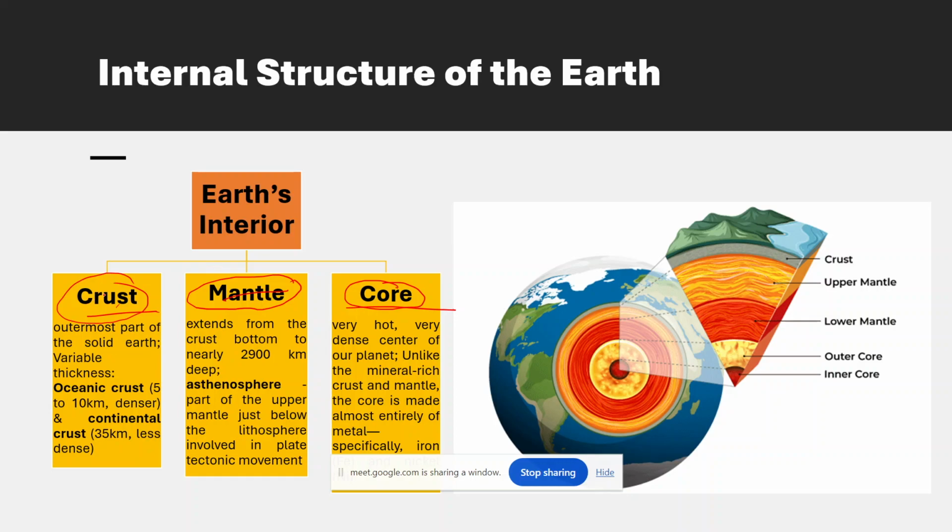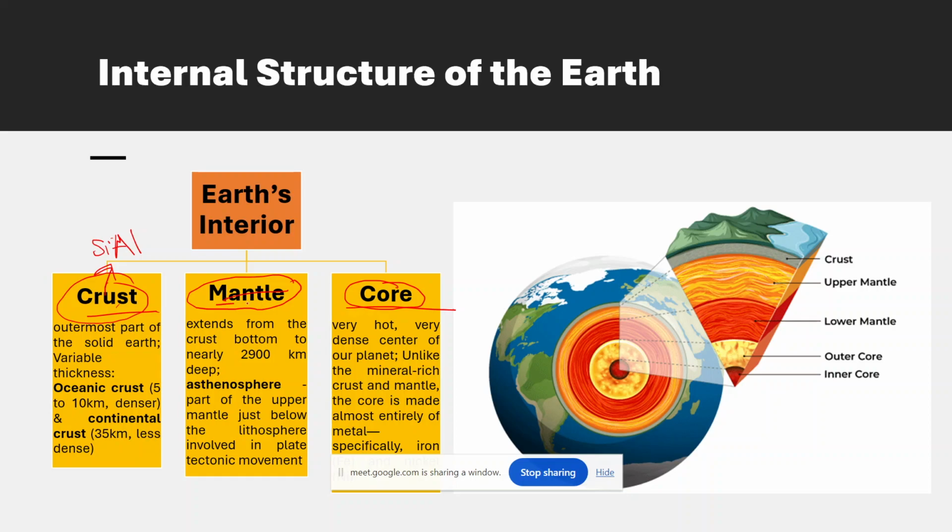Primarily the crust is composed of silica-rich minerals and rocks made from such minerals, and silica and aluminum. People call it the SiAl composition. So silica and aluminum are predominant in the crust.